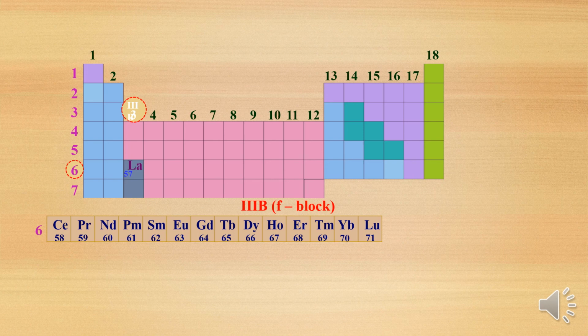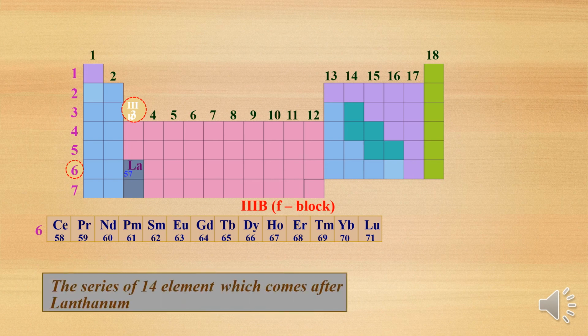These are also third group elements having similar properties to lanthanum and actinium, so they are kept separately. That is in the sixth period, called lanthanides, and the seventh period is kept for actinides. The 14 elements present after lanthanum we call lanthanides or the lanthanide series.